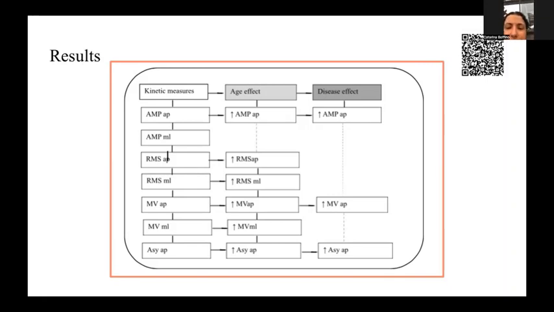So the disease effect in the COPD group could also lead to a higher amplitude, higher velocity, and a more forward center of pressure position. Next slide, please.